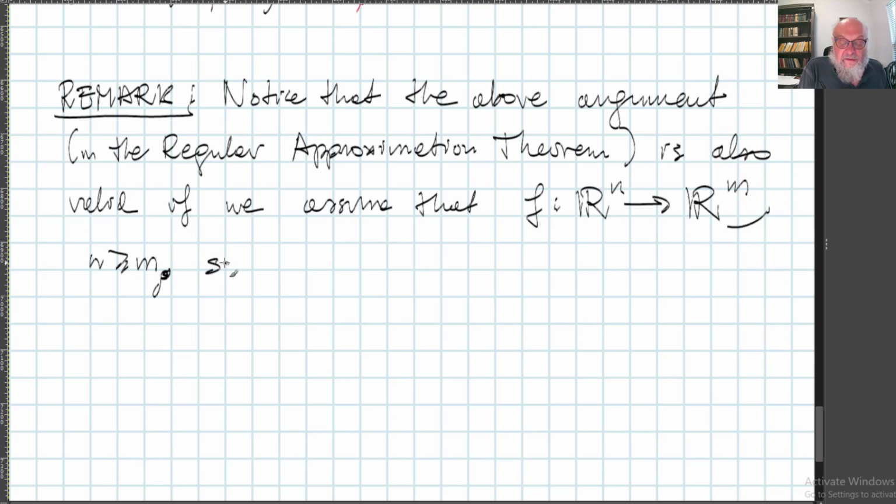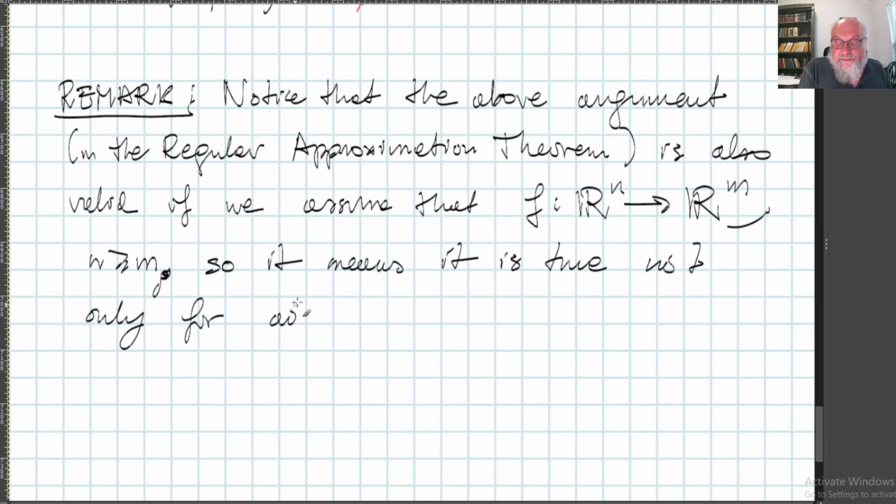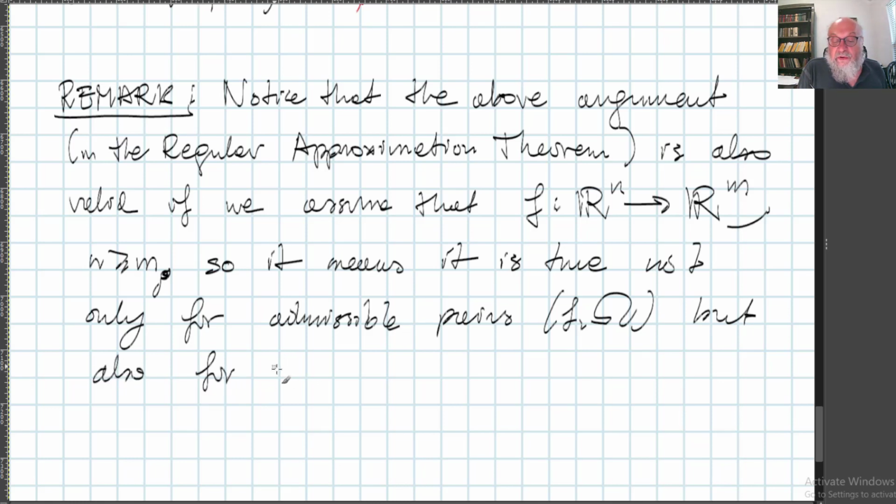So it means it is true not only for admissible pairs (f, Omega), but also for admissible homotopies.